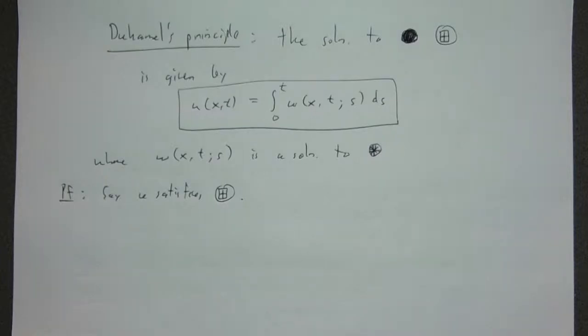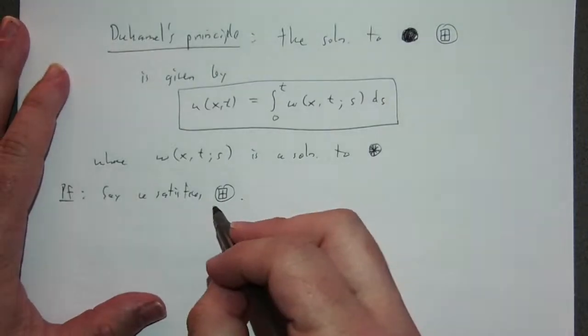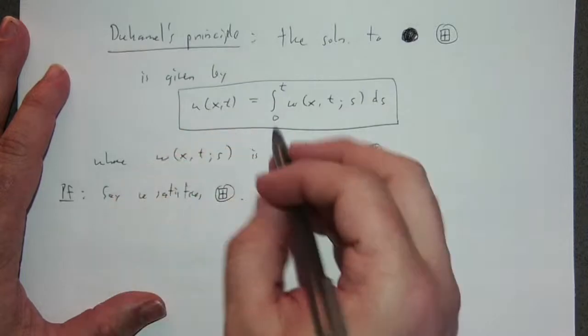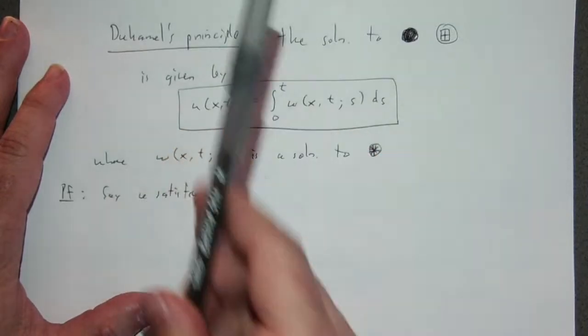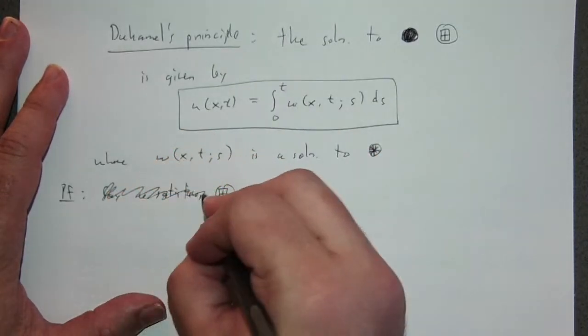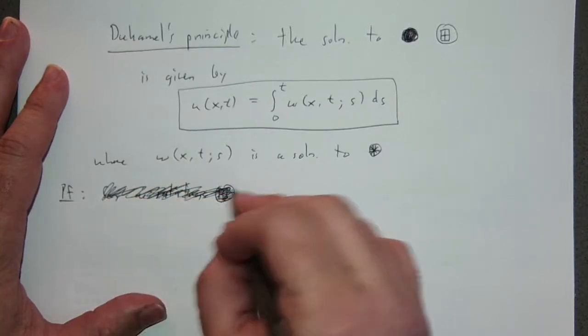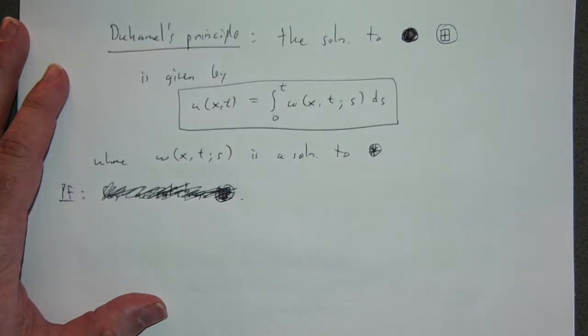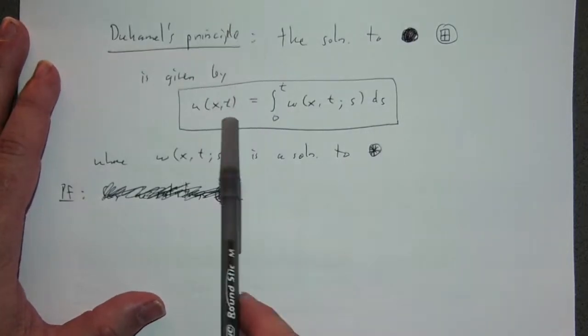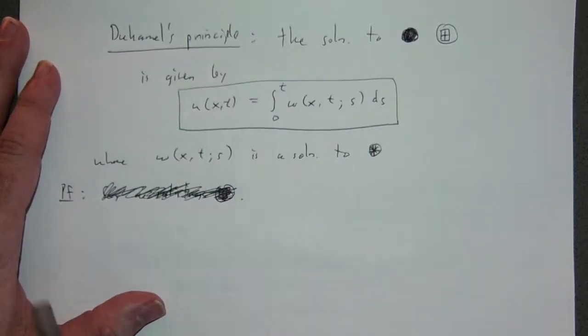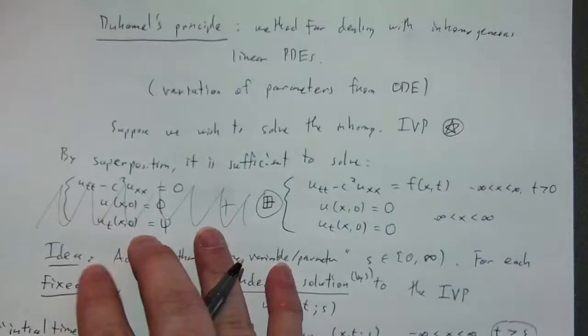Then, let's actually, no, let's do something a little bit different. Rather than going about it this way, let's actually verify first that this formula here for u actually solves the box plus PDE here.